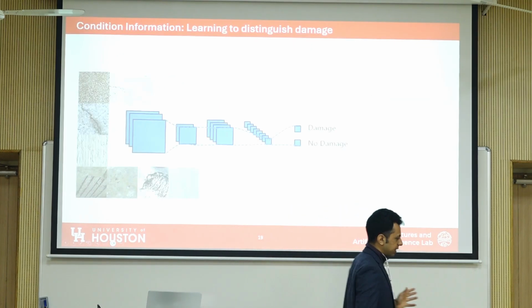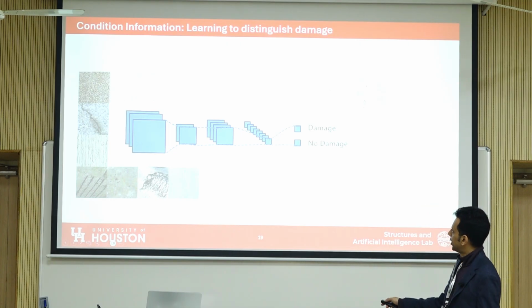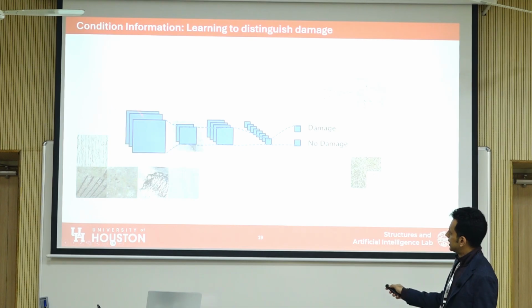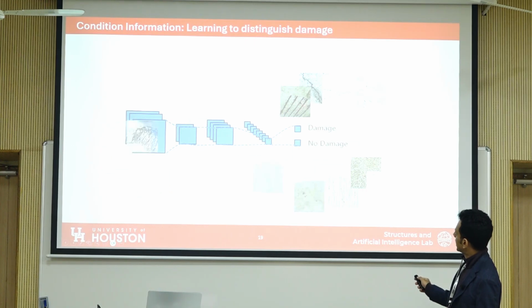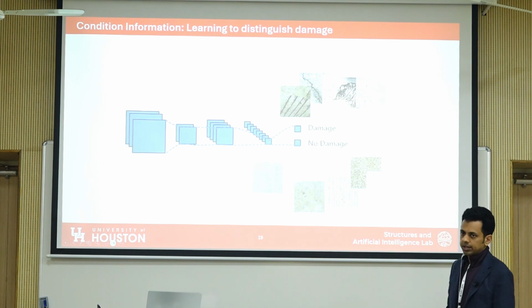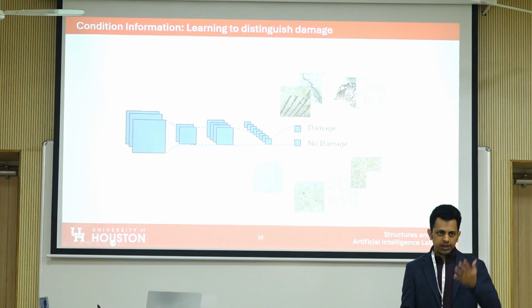The basic way this works, and I'll illustrate it with a classification problem, is that you have some sort of model, which is a series of computations, and you have a data set of manual annotations of examples of damage and no damage. And then each image has this annotation, whether it's damage or not.